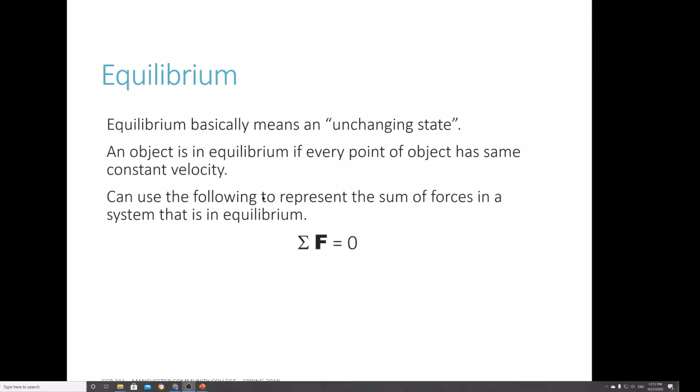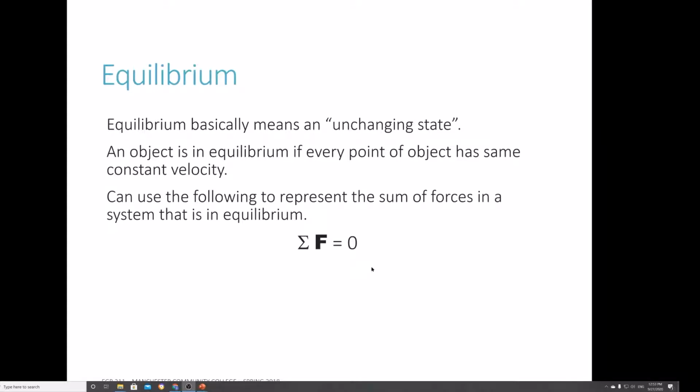If we are dealing with a particle, then of course we don't have to worry about rotation. We're just dealing with a point source. But when we have real world objects, almost in all cases, we have to consider the moments. Of course, if we have cables that are all connected at one point, then when we're analyzing that point, we don't have to worry about moments.